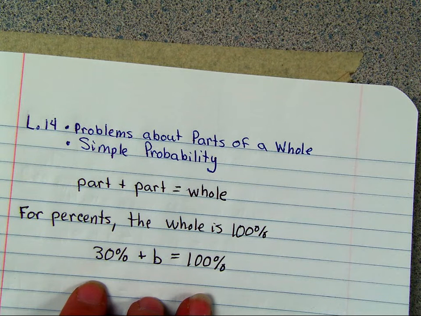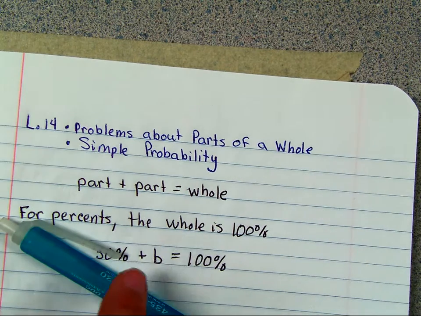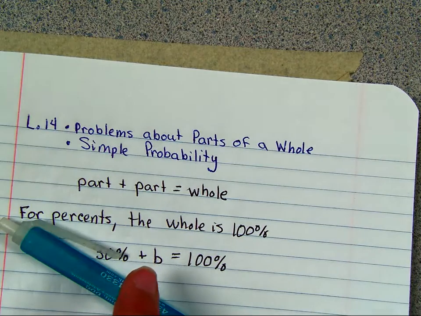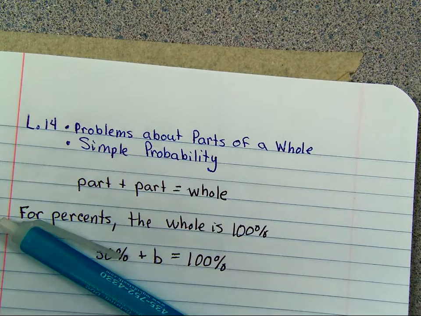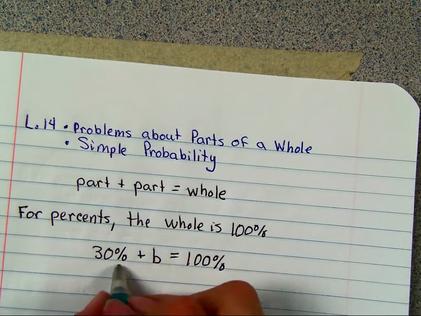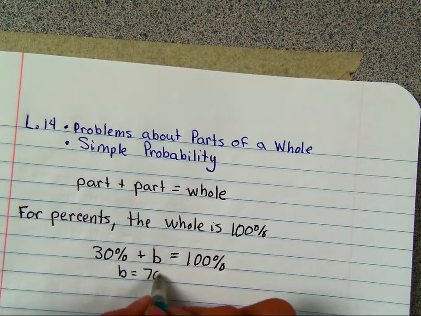Cole, you've got this one. 30 plus what is 100? 5. Ooh, that would give us 35. Noemi? 10. 30 plus 10 takes us to 40. So if I've got 30, I'm going to get 40, 50, 60, 70, 80, 90, 100%. So I added 70. So our B here would be 70%.